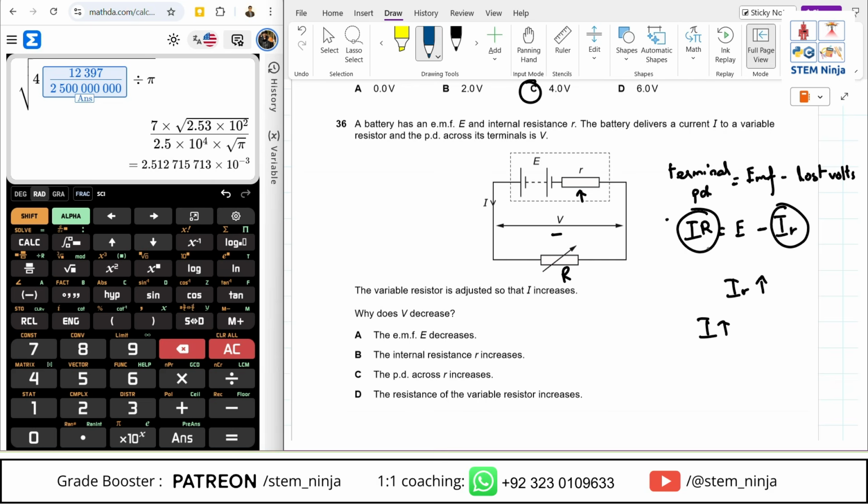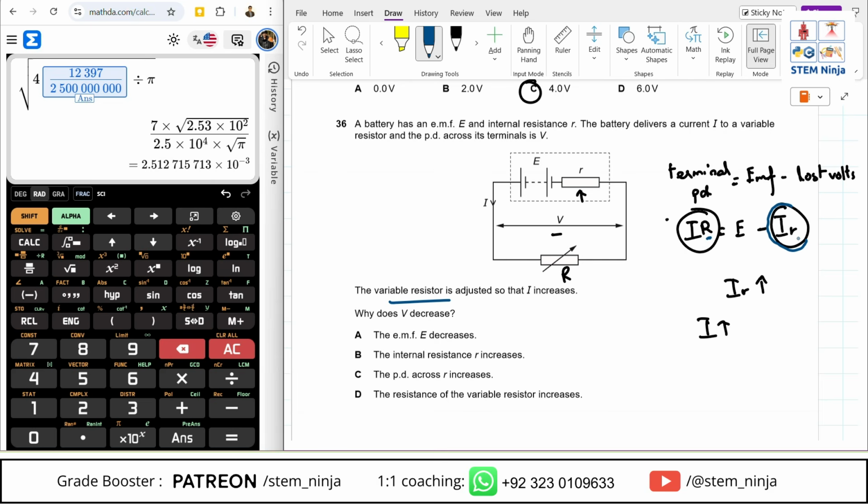Now normally you would say that if R was a constant resistor, IR would increase if the current increases. But we already said that the variable resistor has been adjusted. So if we decrease the variable resistor resistance, the current will increase. So if the current increases, it will affect the lost volts.